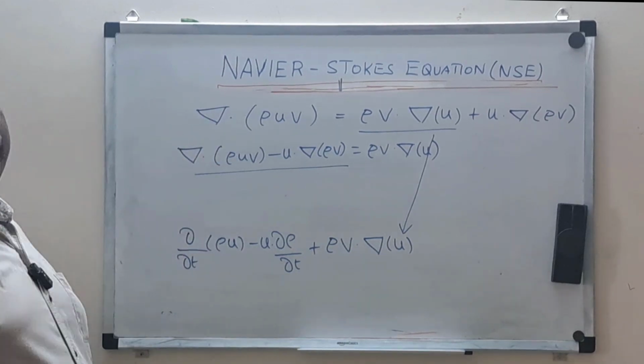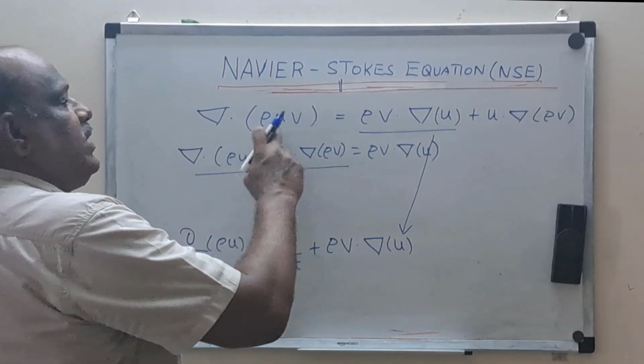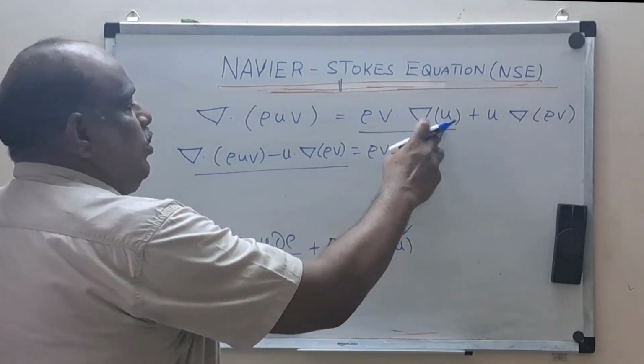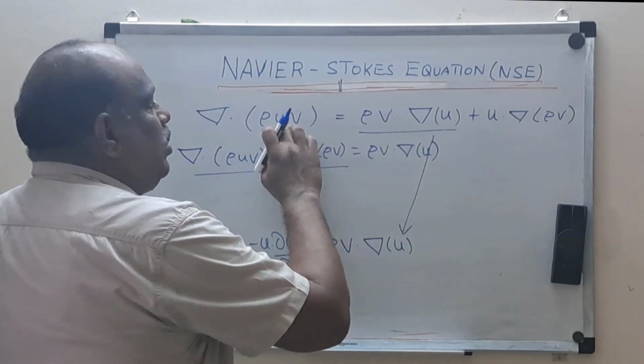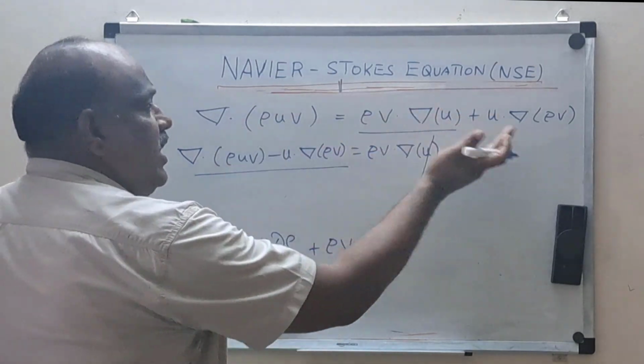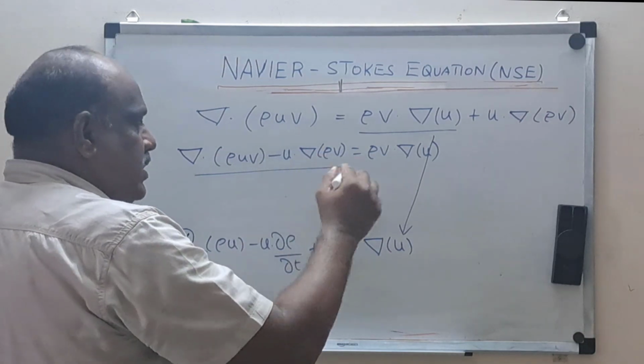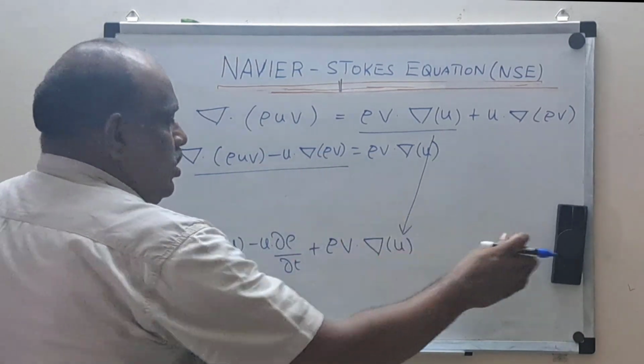I have taken del of rho u v as an operator. Then I am trying to make rho v a single term. So rho v into del of u plus u into del of rho v. From this I want only this term. So keep this term on the left hand side and take the other term to the other side. So I got this expression. Now substitute for this term from here. So now what will happen?